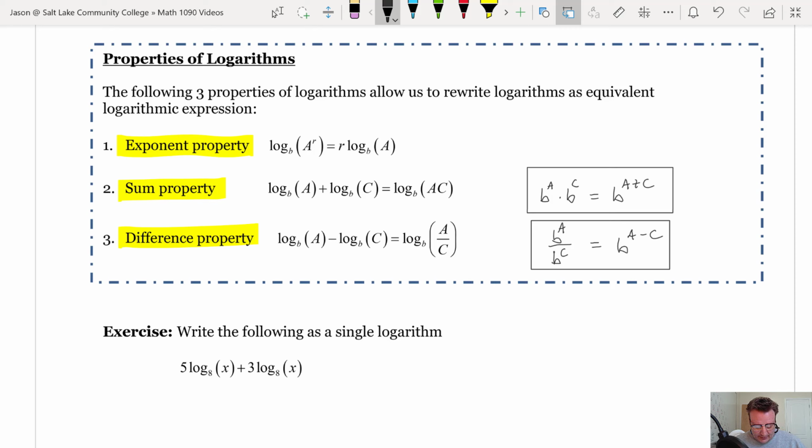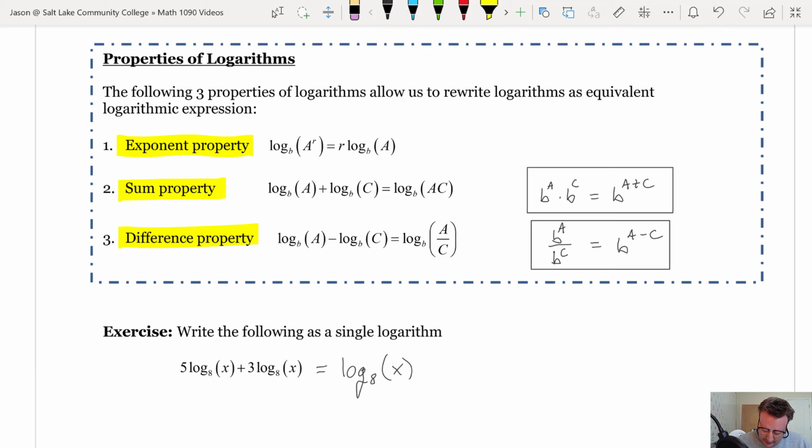In this first exercise, we're asked to write the following as a single logarithm. So we have the expression 5 times the log base 8 of x plus 3 times the log base 8 of x. So what we can do is use the exponent property twice to rewrite this as log base 8 of x.